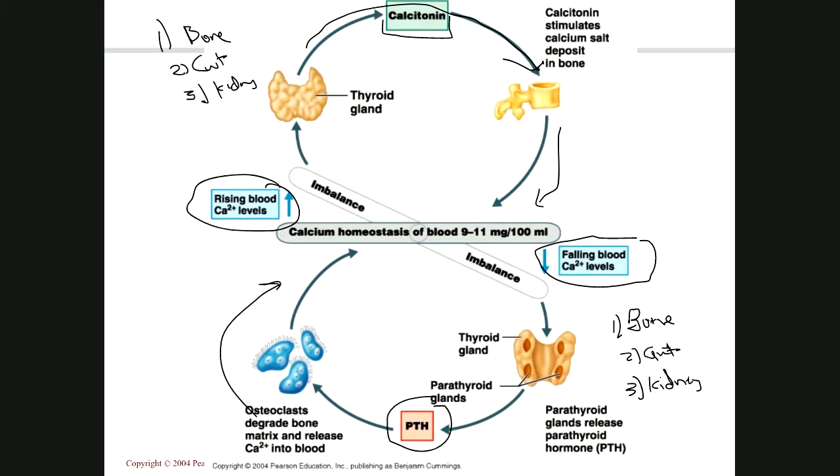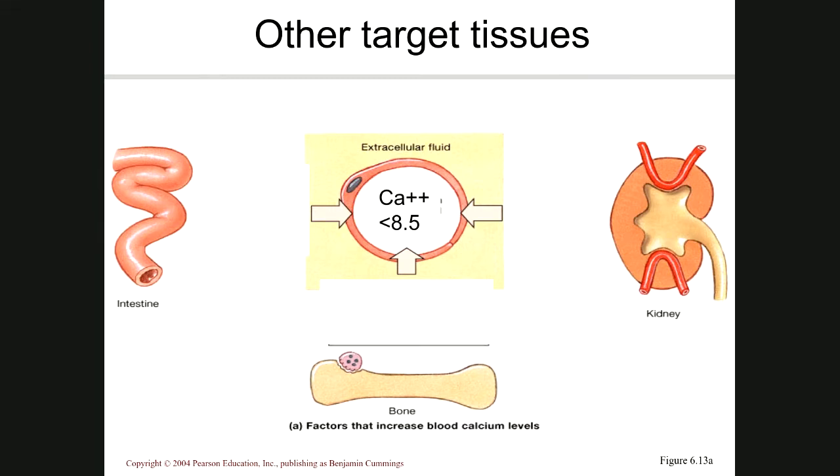So let's look at this. So here's the blood calcium. Remember, normal is 9 to 11. So what's the problem here? Is blood calcium too low or too high? Too low or too high?